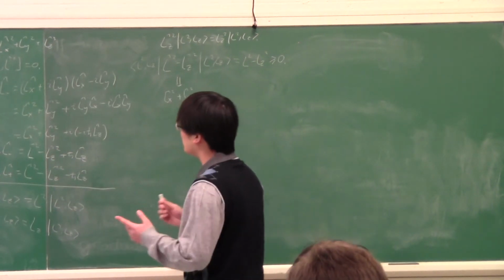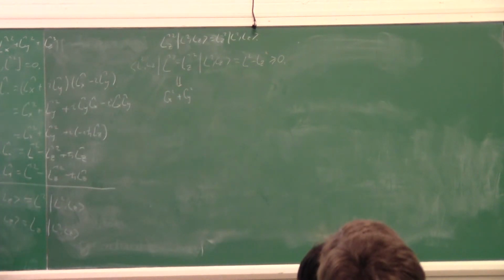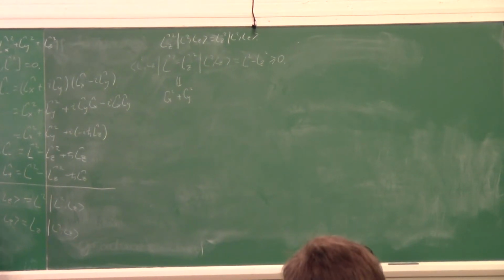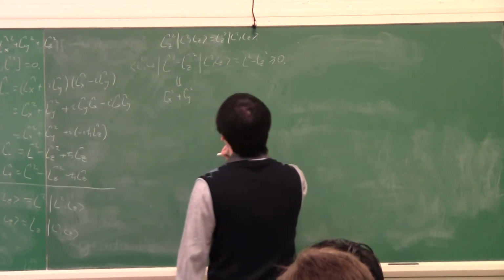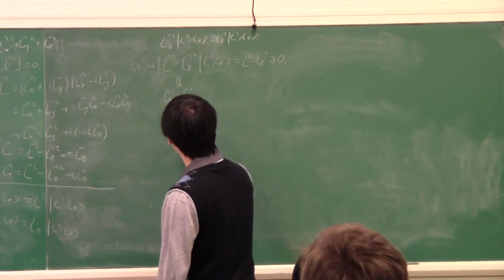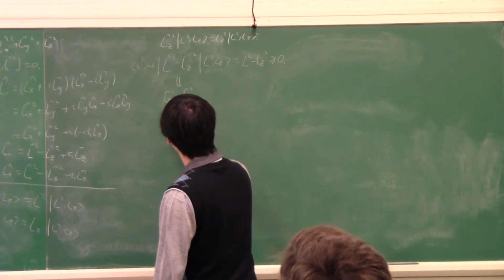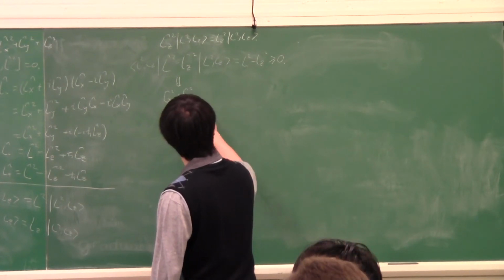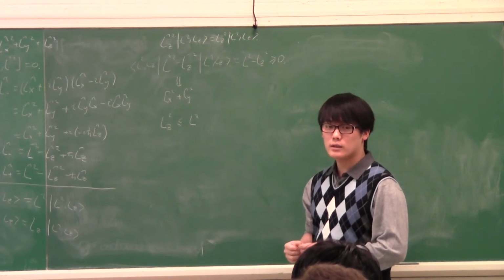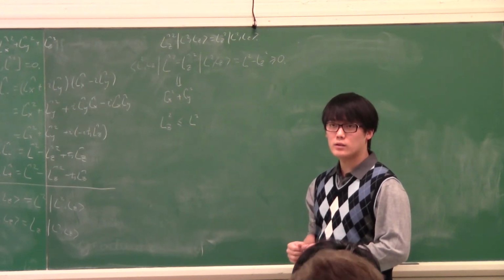And the only thing we require is basically these commutation relations and the fact that they are Hermitian. So based on this, we know that Lz must be bounded by L squared.